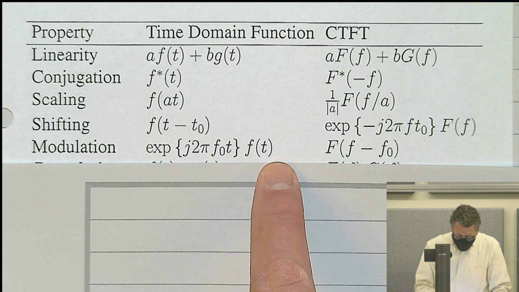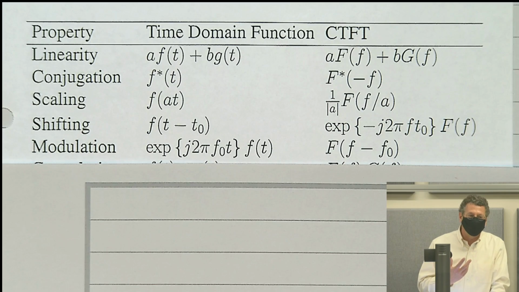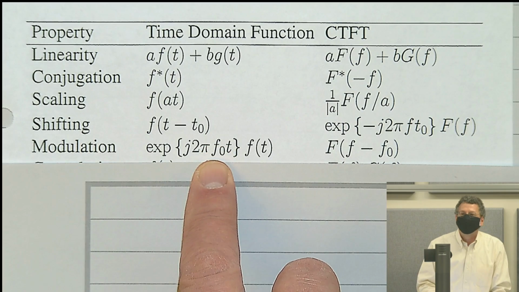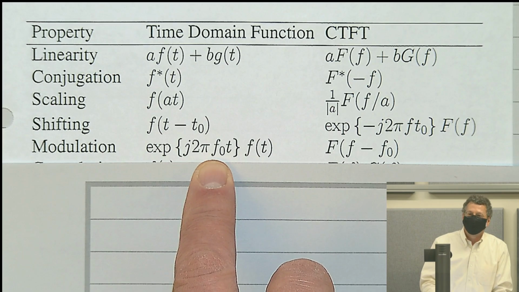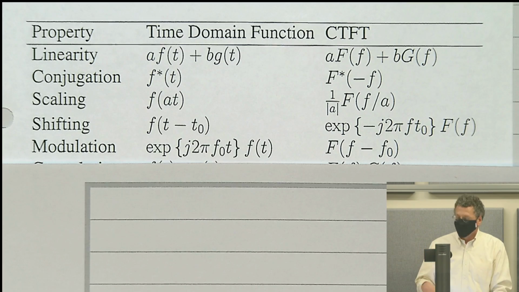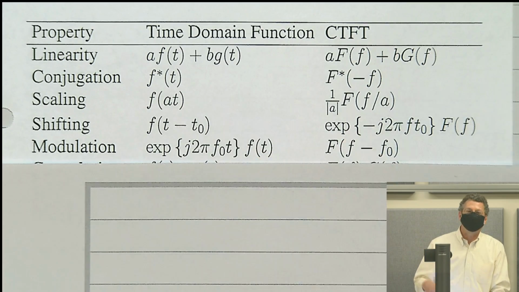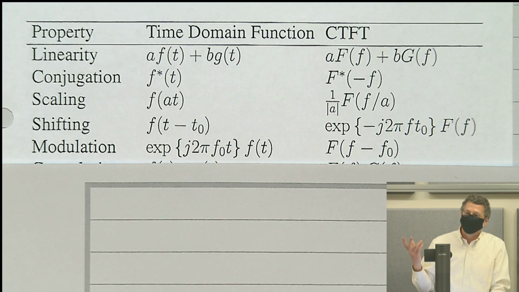You take the signal, like your voice, if you're on a radio station, you multiply it by a very high frequency carrier, which is a linear phase modulation, essentially. You're multiplying by a fixed frequency, and that shifts it up to a much higher frequency that can be effectively transmitted over an antenna.